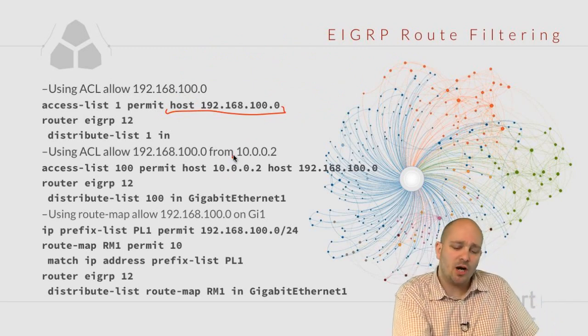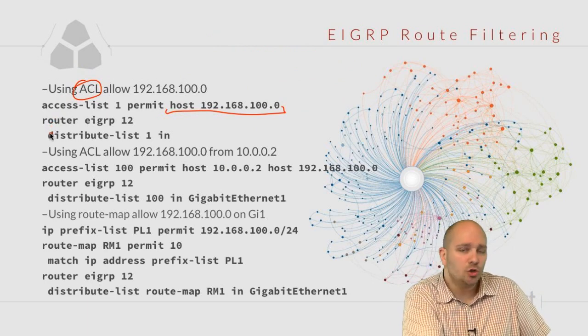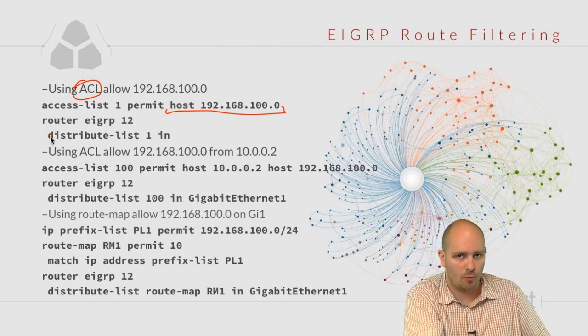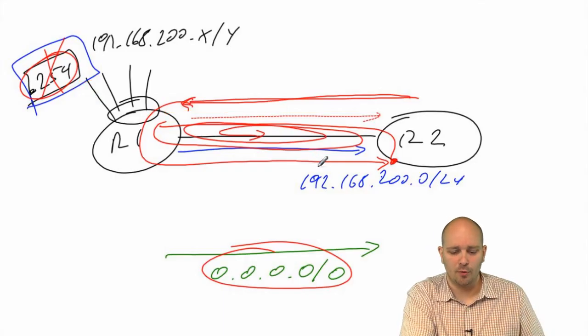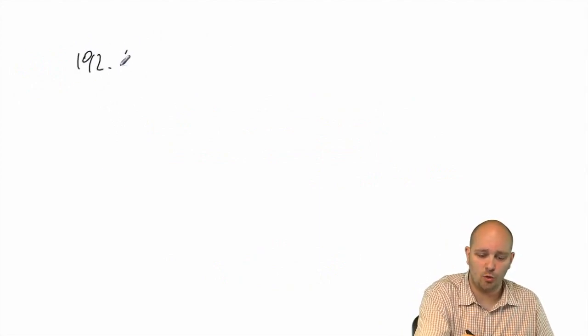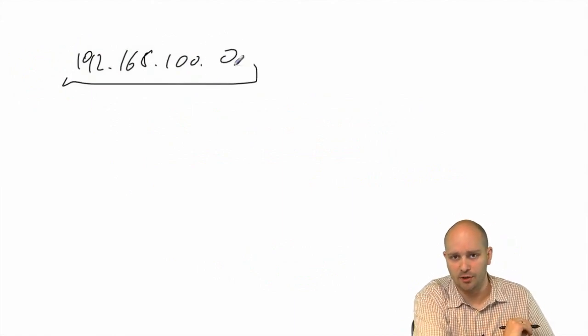Now, if you are asked to use the access lists to filter your routes, don't fall for a very common trap. Let me show you one thing that is a very common problem that people have when they're asked to use access lists for filtering. So let's say that we had our 192.168.100 network that we wanted to filter.